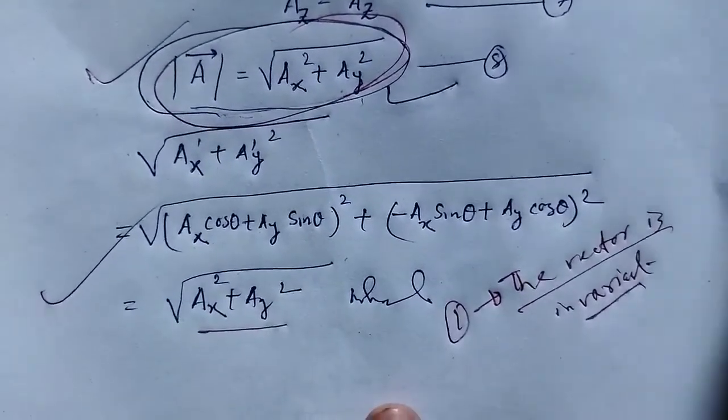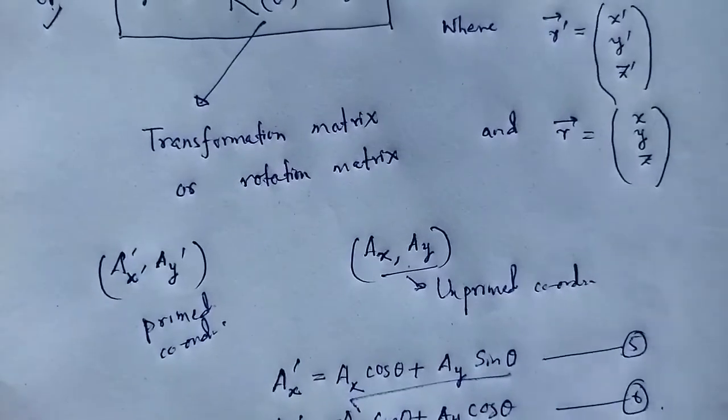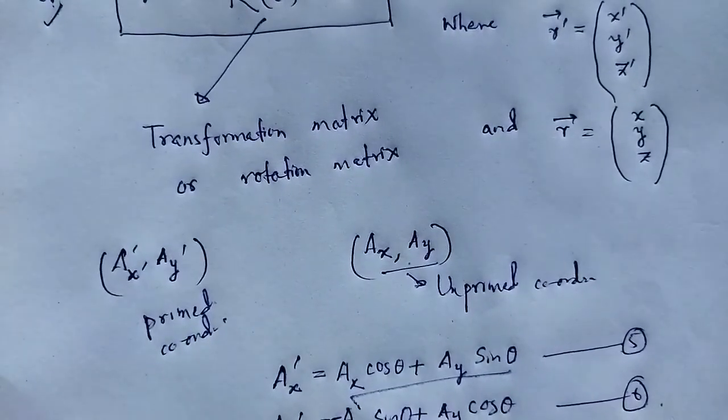Now we have to discuss the scalar product of two vectors under rotation, or what the property of the scalar product is under rotation. Since the result of the scalar product is a scalar, it is invariant.